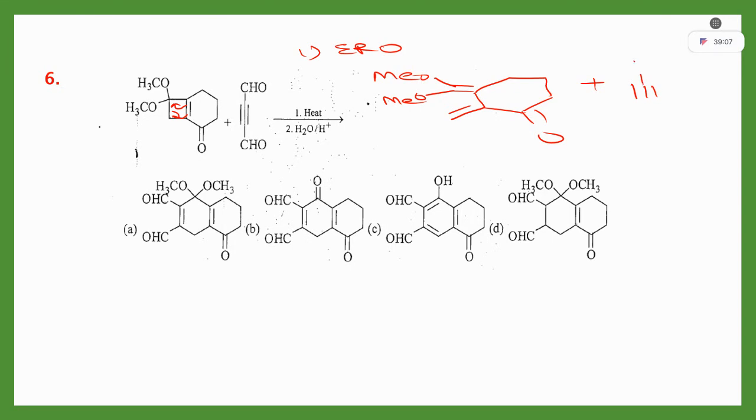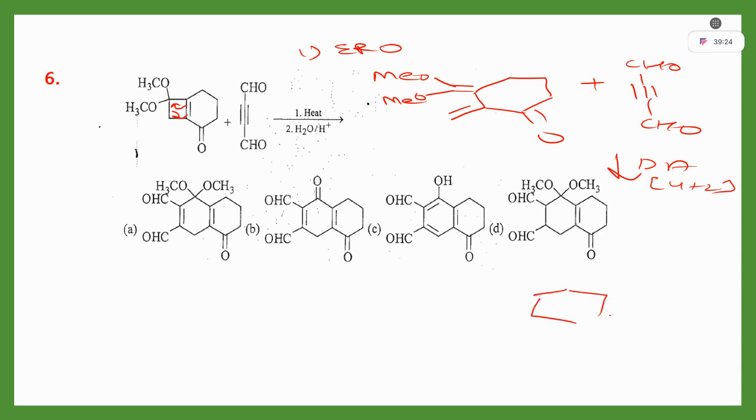Now things are clear. You have your diene, you have your dienophile. You just have to do 4 plus 2. This is electrocyclic ring opening followed by your Diels-Alder reaction, that is your 4 plus 2 cycloaddition.